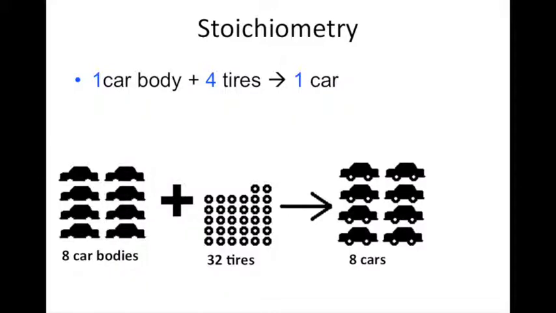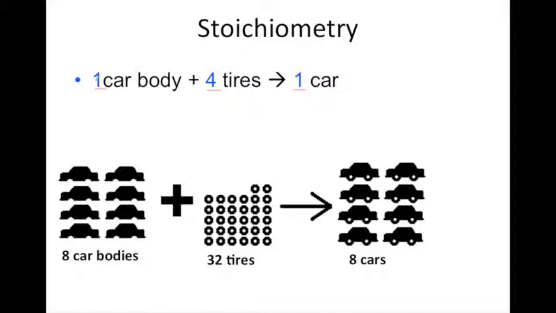So these represent the relative quantities that these things combine in. 1 car body plus 4 tires reacts to form, or combines to form, 1 car. These coefficients, again, do not represent masses. We could not say 1 kilogram of car bodies plus 4 kilograms of tires will produce 1 kilogram of cars.